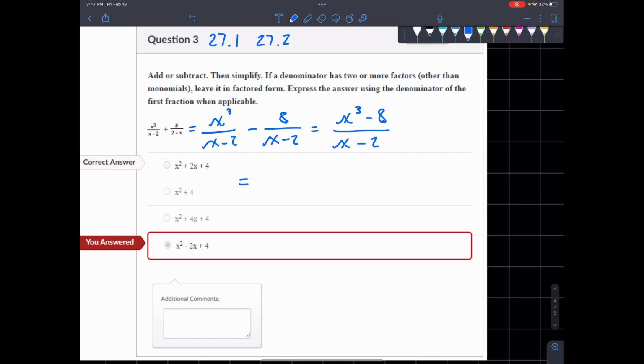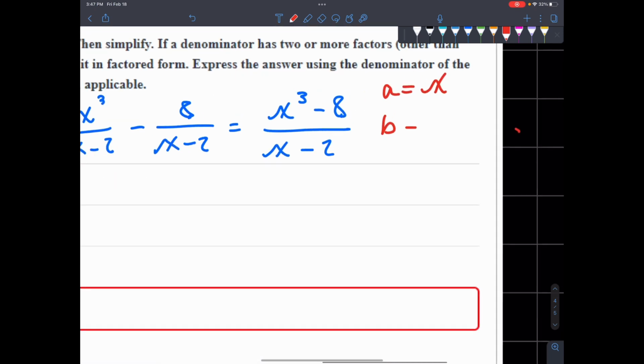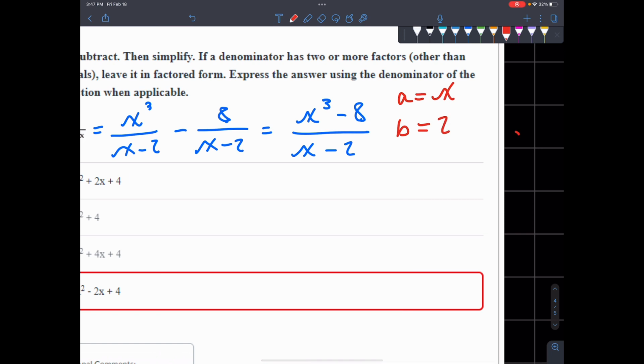If our a in this case, I'll do it in a different color just so we are all on one track, is equal to x, and our b is equal to 2. Great.